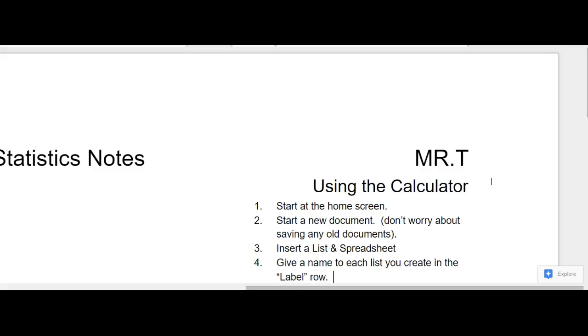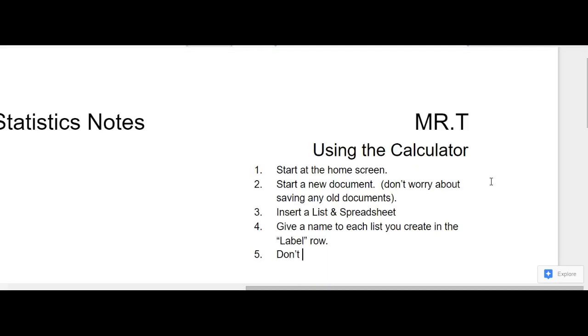I'm calling it the label row, and that is basically that row that we've talked about that looks like it has a little tag for clothes or a label or something on it, like a price tag, okay? So up there in the label, give your list a name. That's going to be important, okay? And then don't put anything into the equals row. Okay, not for now. We're not putting anything in there.